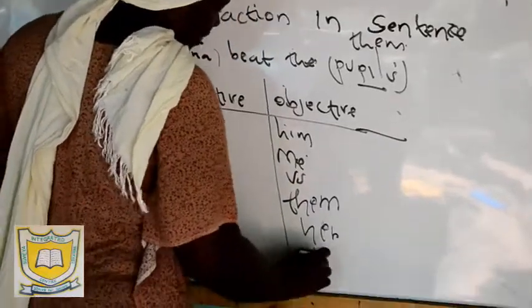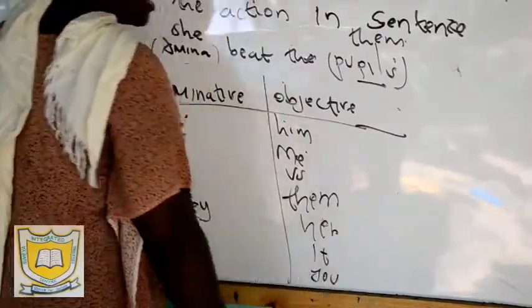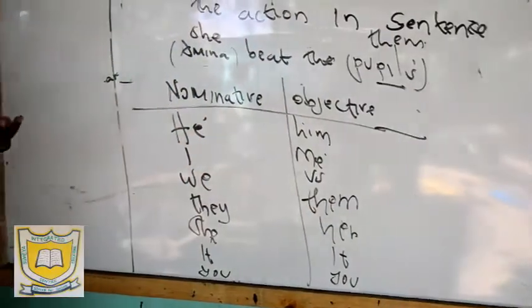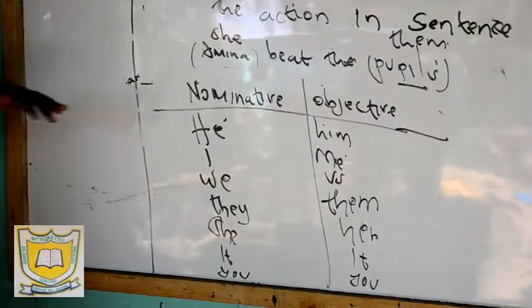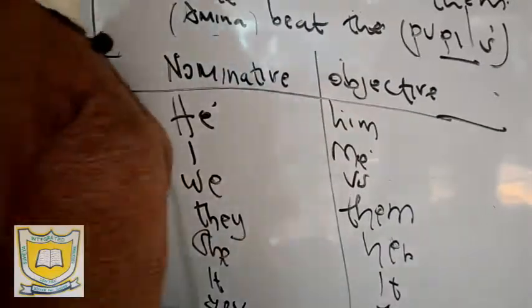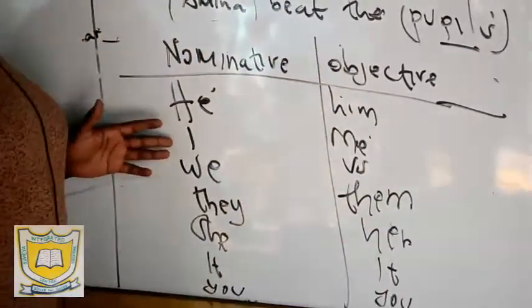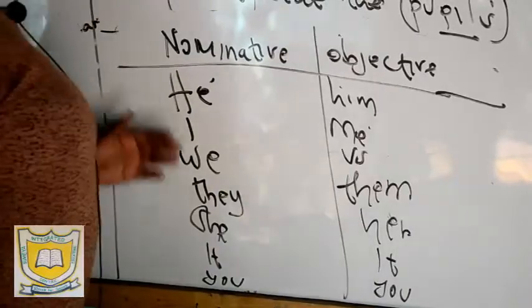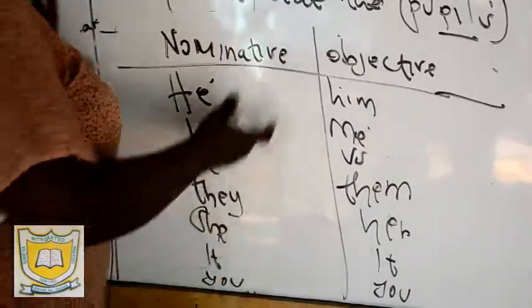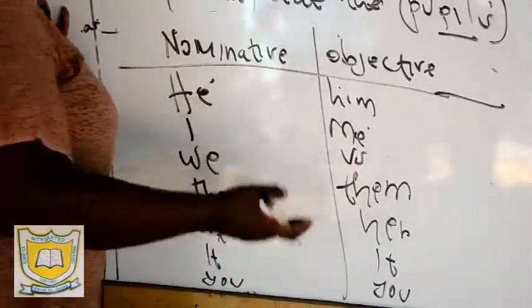And it and you are both nominative and objective. So the nominative pronouns are he, I, we, they, she, it, you. The objective pronouns are him, me, us, them, her, it, and you.